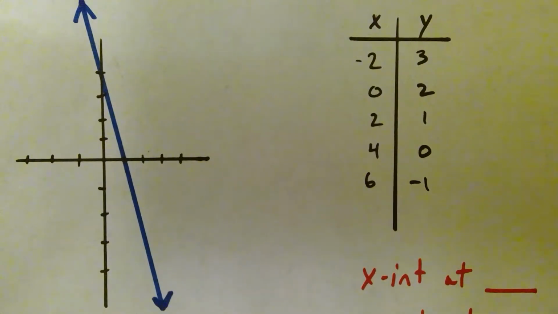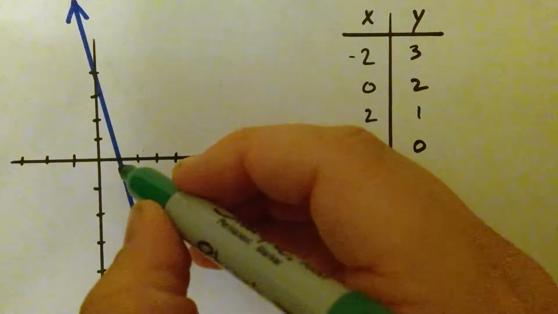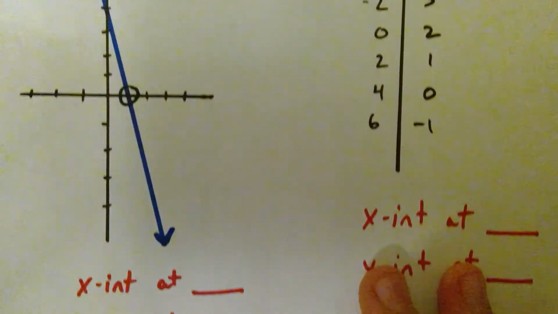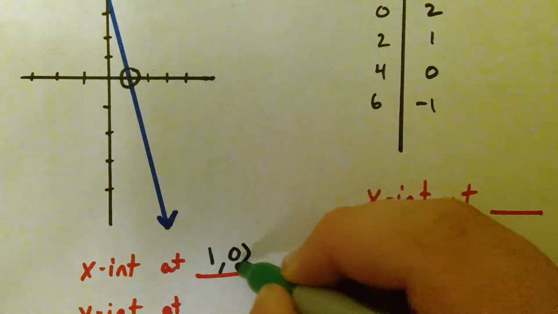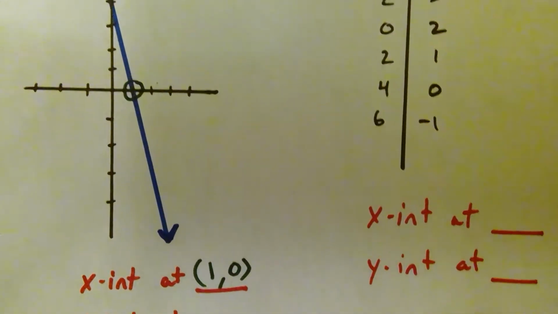So we will go ahead and look at a graph and a table. For our graph, we'll start with the x-intercept. The x-intercept is where we cross the x-axis. That's our horizontal one, left and right. And so here is our x-intercept, and the x-intercept there is at the point 1, 0. So notice how the y value is 0. Think back to when we graphed points on remediation.